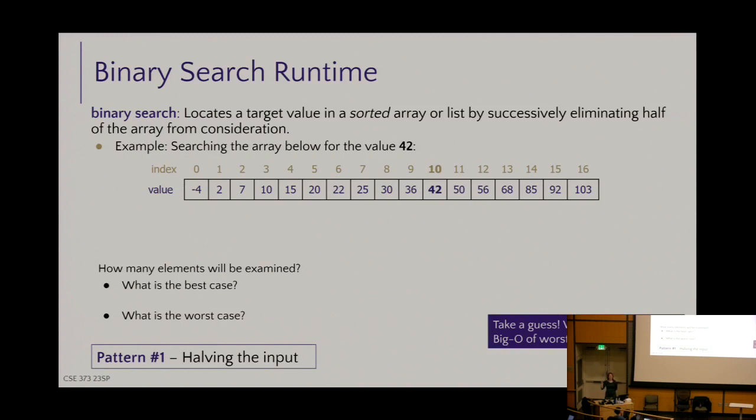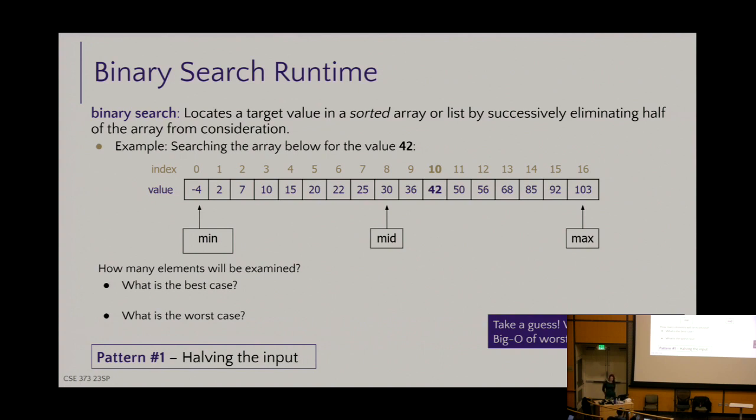So, remember that binary search only works on sorted sets. If it's unsorted, this is a crapshoot. This algorithm does not work, okay? But if you have a sorted collection of things and I'm asking you to look for a value, let's say 42, I'm going to first look at the thing at the very perfect middle of my collection. I'm going to keep these three variables, min, mid, and max.